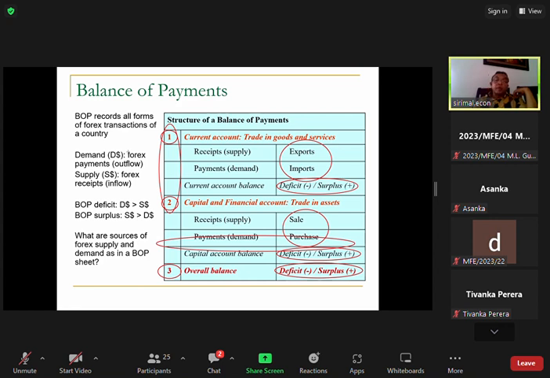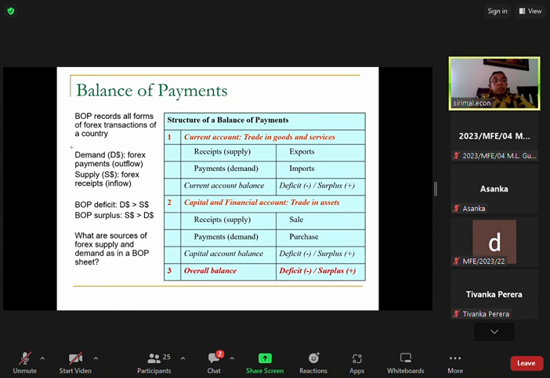You go deeper and deeper, analyzing how we get foreign exchange and how we spend that foreign exchange, and then understand there is a problem. Sri Lanka is a country which has a perennial balance of payment problem. So when you look at our issues in foreign exchange, that's the way to understand balance of payment problems.